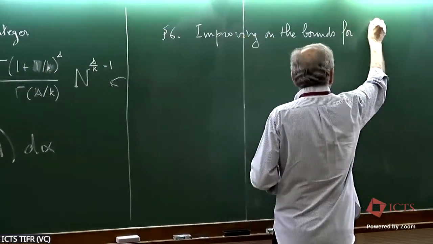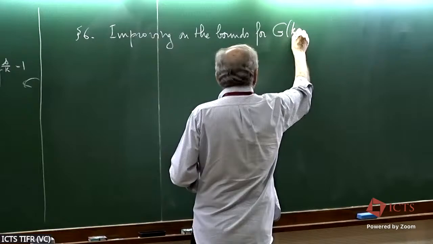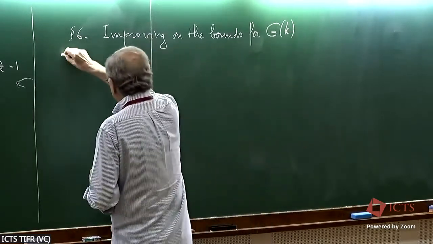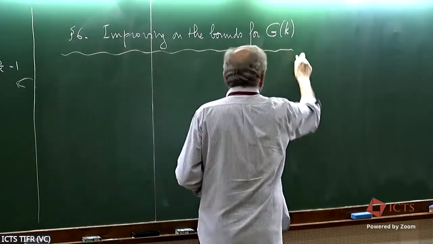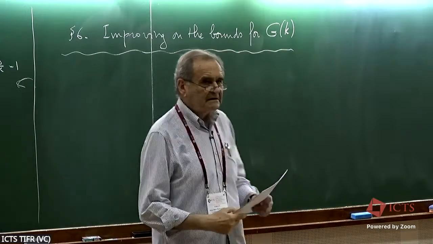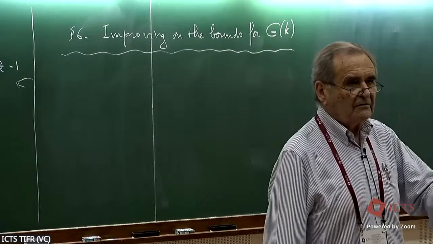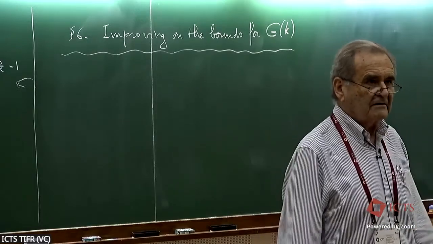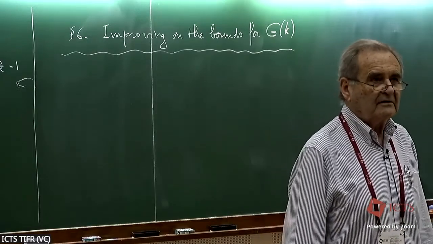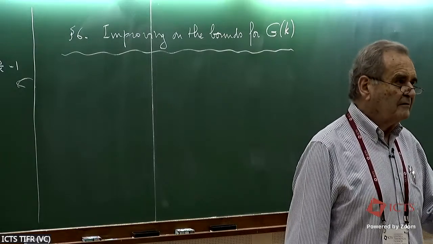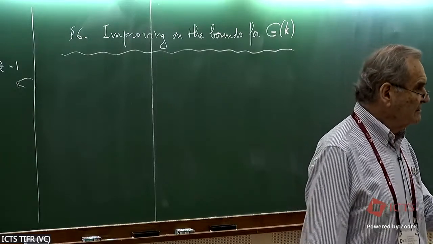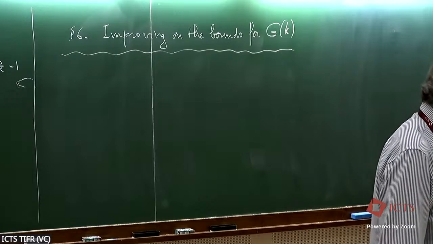And I have to introduce something which is what I call G of k. So you see, we were denoting little g of k the least number so that you can write every integer as the sum. But it turns out that this is only for rather small values that you get examples.